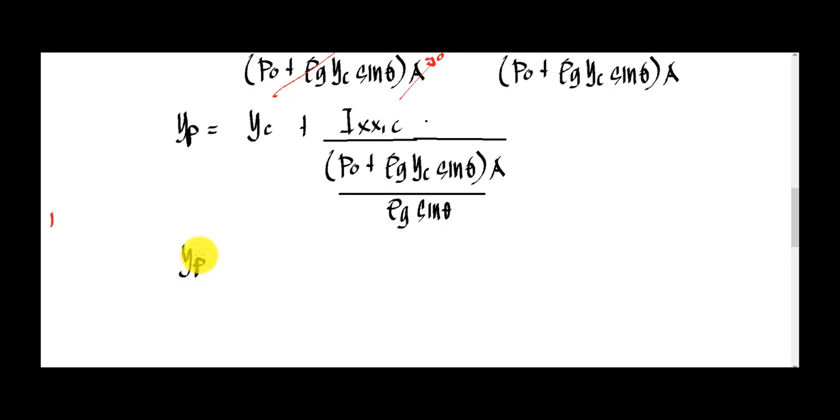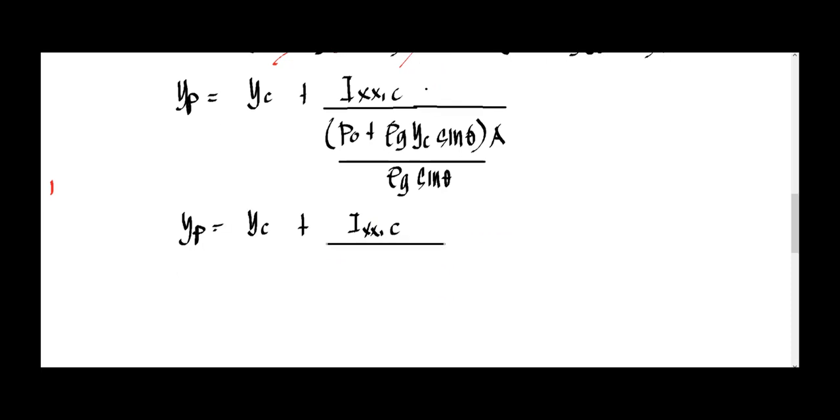Then we can rewrite it as YP is now equal to YC plus IXXC divided by... so we can distribute this denominator to each of these values of the equation.